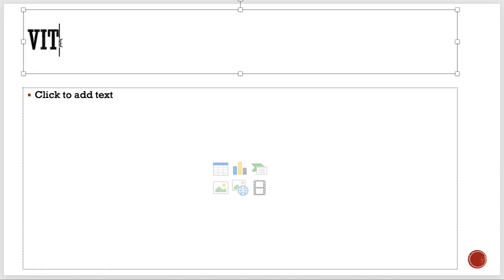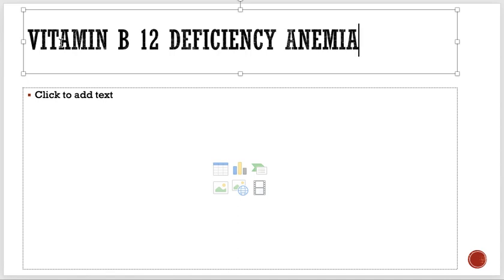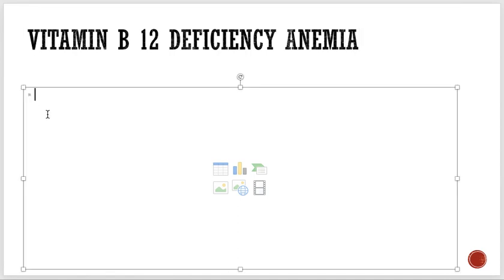In this one, we are going to study vitamin B12 deficiency anemia, right? As we know, vitamin B12 deficiency takes a lot of time to develop, because the body has stores of vitamin B12. It could be due to intrinsic factor deficiency, or pernicious anemia can be there.